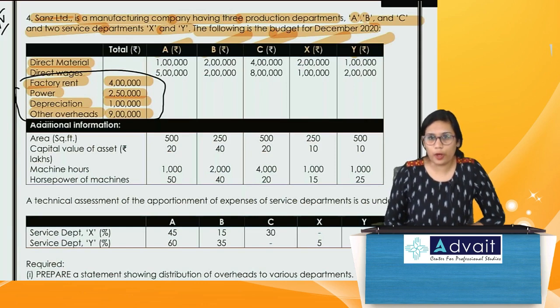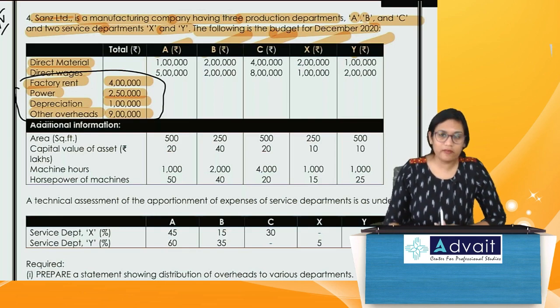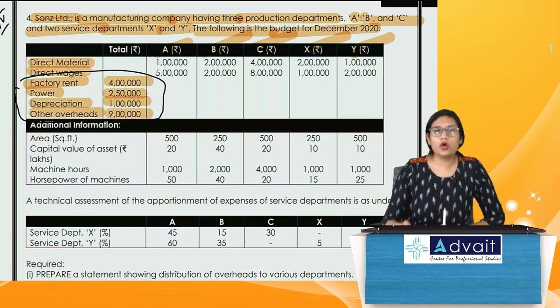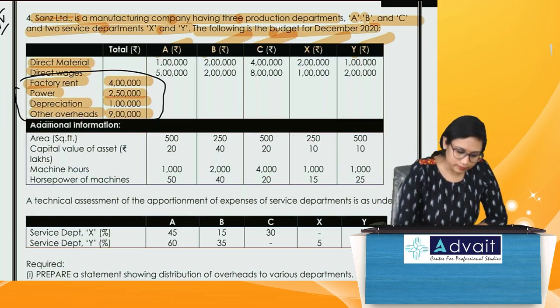Unfortunately, in this problem, they haven't apportioned the expenses between A, B, C, X and Y. Which means we have to do it. Correct? So here we are going to be starting from step 3. Allocation, apportionment.